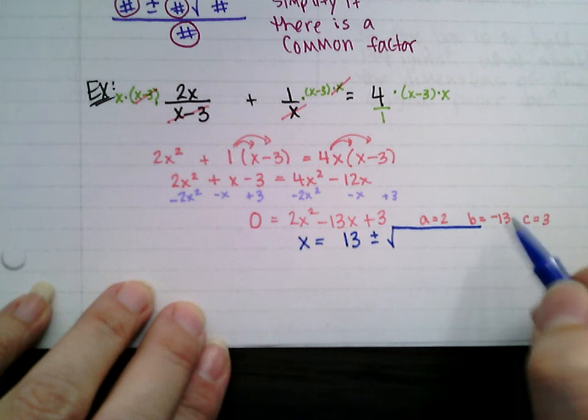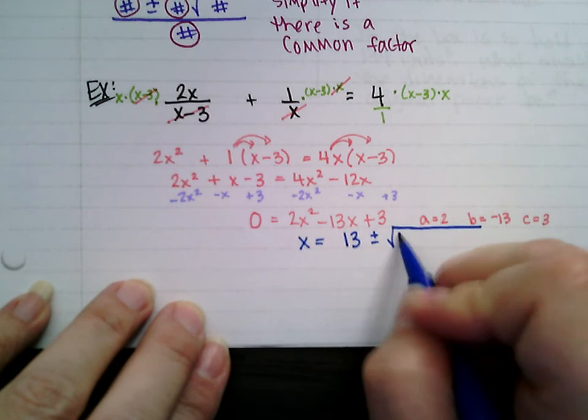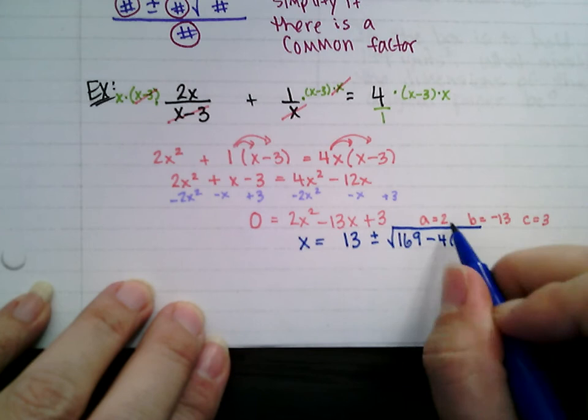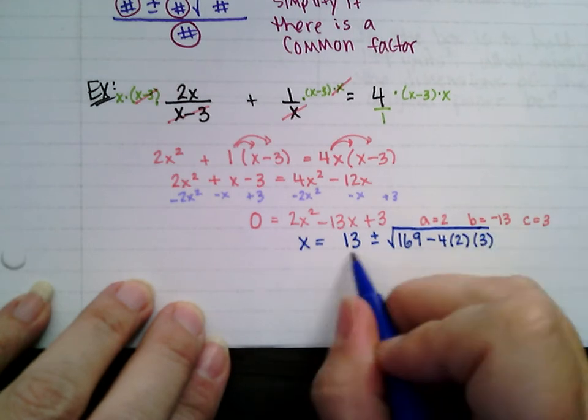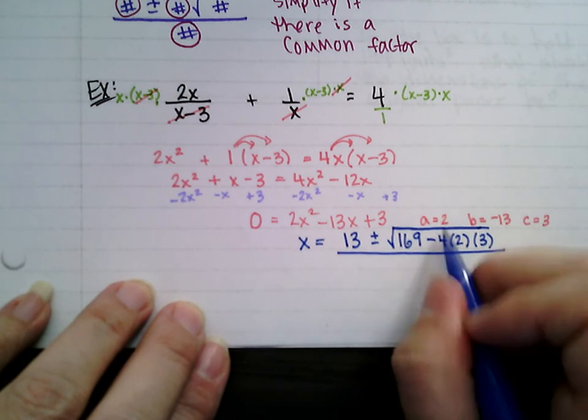Now, I don't write negative 13 squared. I literally just do 13 squared in my head, which is 169, or get a calculator. And then minus 4 times a times c. And then it's all divided by 2 times a. So I just do 2 times a and put 4.